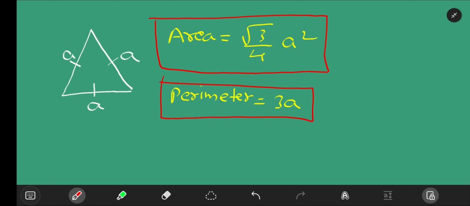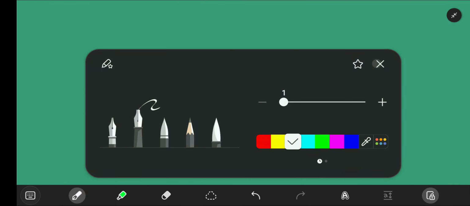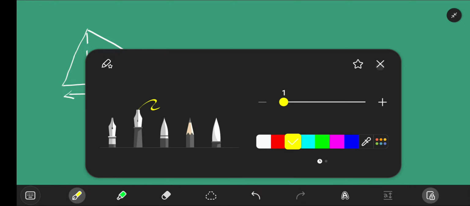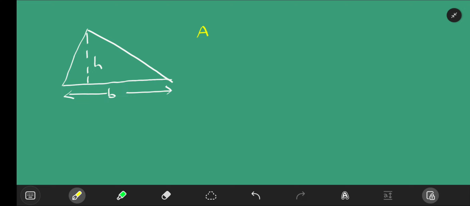Okay. Next, suppose this is the height H and base length is B. Now the area for this type of triangle is area is equal to half into base into height.